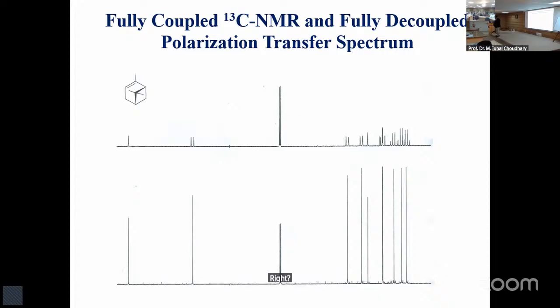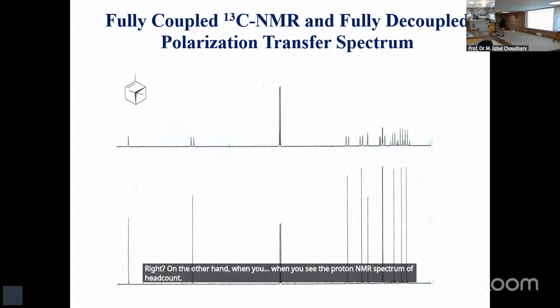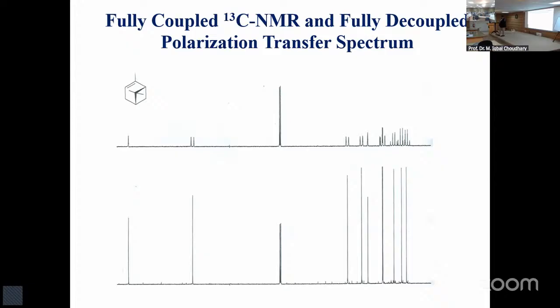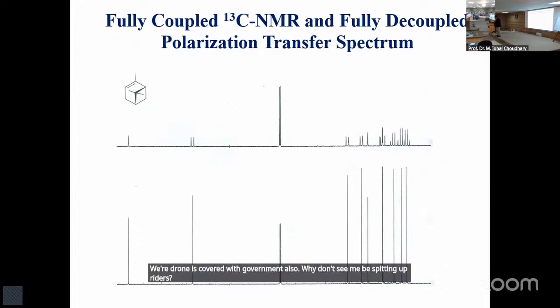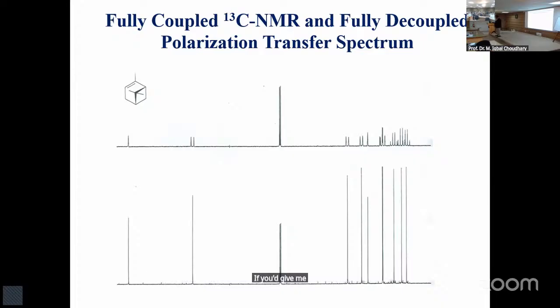On the other hand, when you see the proton NMR spectrum of ethanol, proton is coupled with carbon also. Why don't you see the splitting of protons? If we give you the answer, maybe you go to Bhutan directly. Okay. And then from Bhutan, you can even walk to Islamabad.